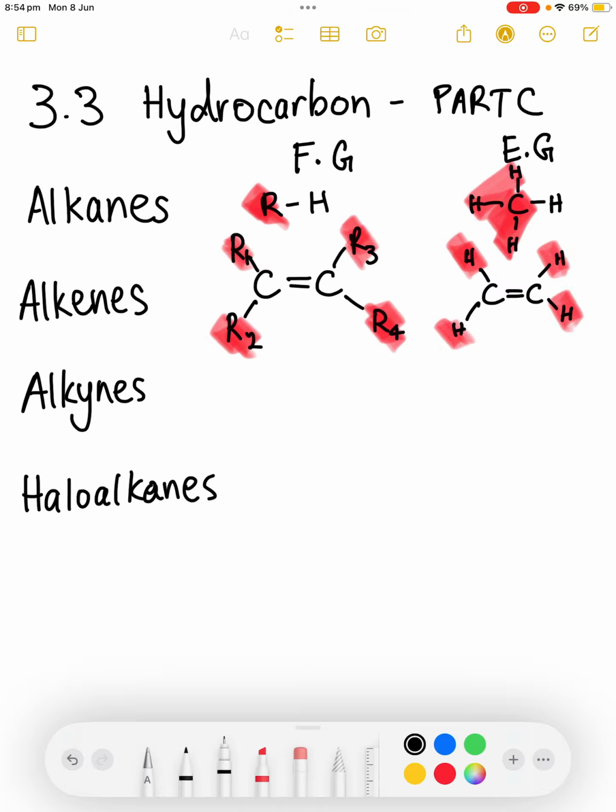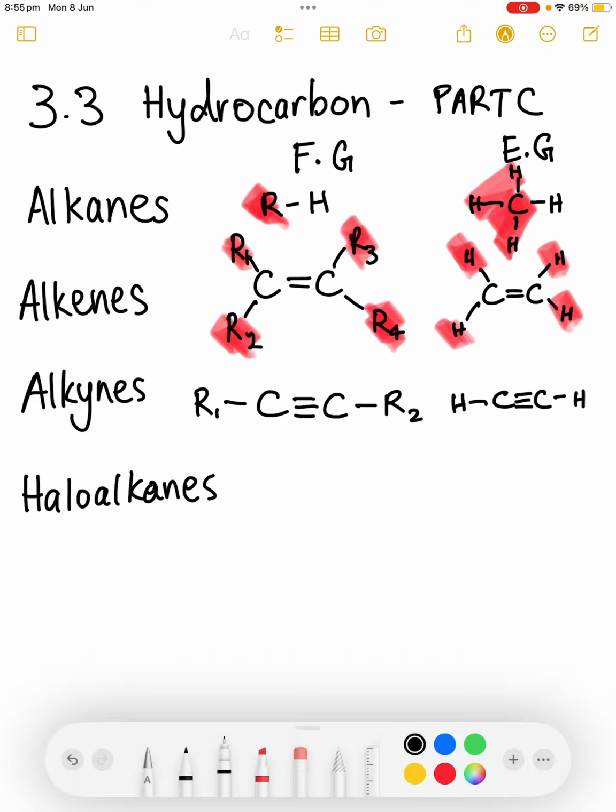Going on to alkynes, we've got a carbon with a triple bond to another carbon, and we've got R1 and R2. For this example, it goes C, H, and H. And that can be longer as well. I'm just doing the example to be pretty simple and small.